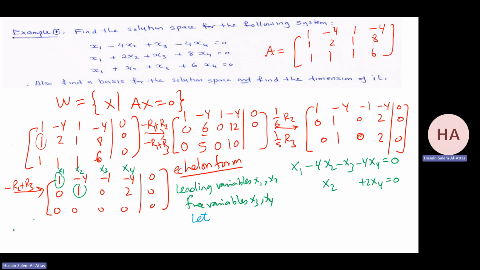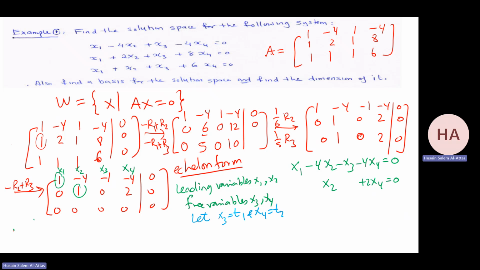He said, use T1, T2? I can use T1, T2. Let x3 equal T1 and x4 equal T2. By the way, what is the dimension? The dimension I get from here. Dimension will be 2, which is the number of free variables.